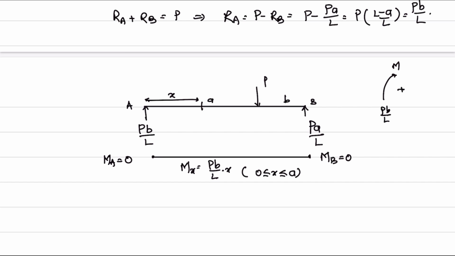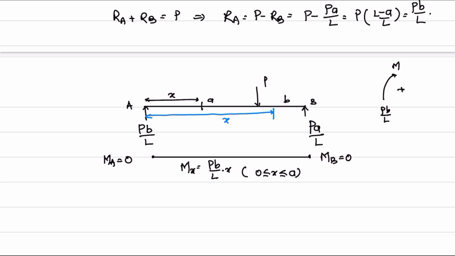The first portion is this. If x goes beyond this, beyond P, what happens?